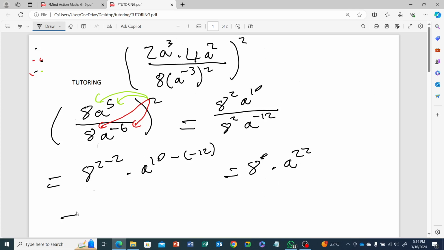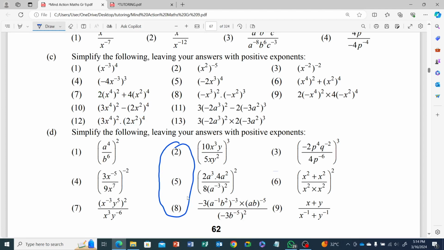So the final answer will be a exponent 22. Now this one over here, I will leave it to you as a homework. Follow the steps that we used correctly, you will be able to find the correct answer.